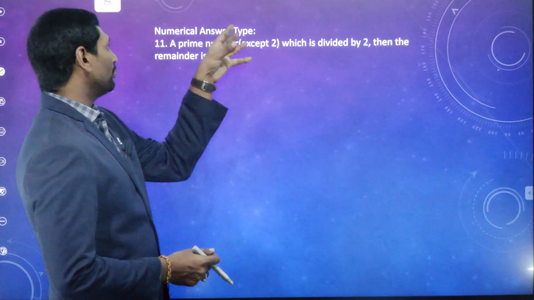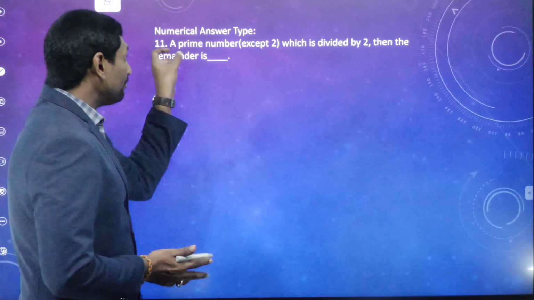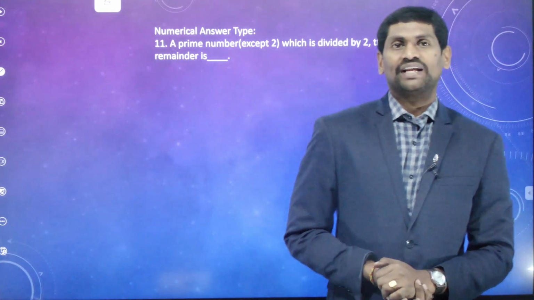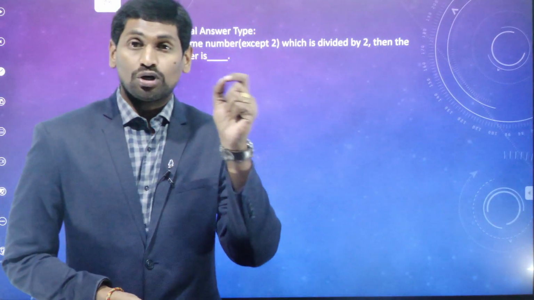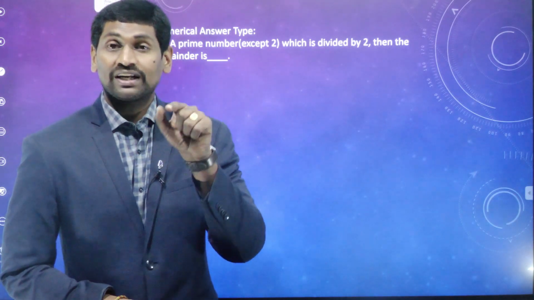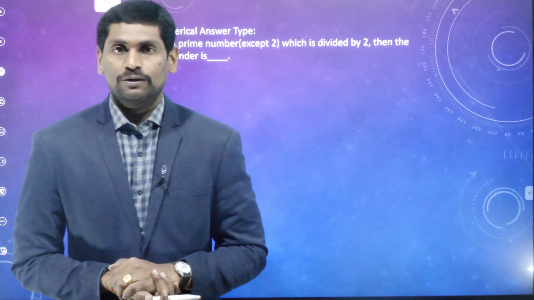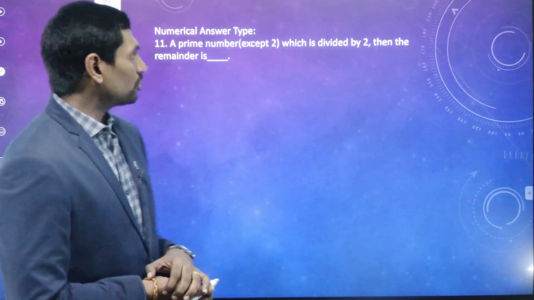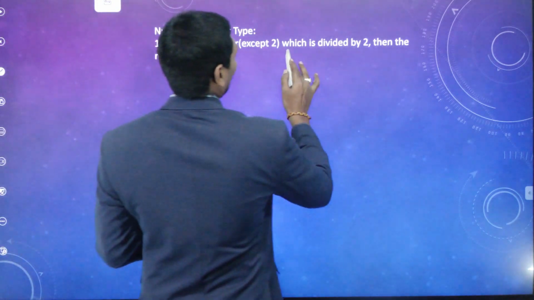Let us see the numerical type questions. A prime number except 2. A prime number is a number having exactly 2 factors, 1 and itself. Here, except 2 means 2 is also a prime number, so we exclude the prime number 2.